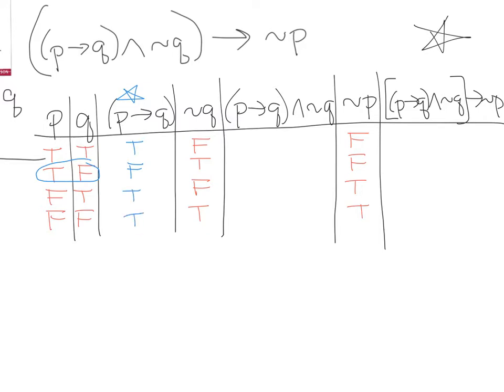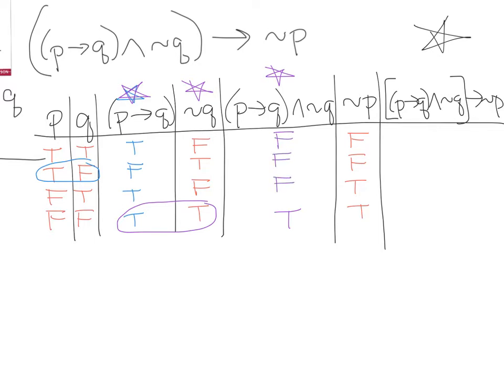Okay, then we need to take the if P then Q and do a conjunction with the not Q. So we need to look at if P then Q, we need to look at the not Q, and we need to do a conjunction. So remember, the only time you get a true here is when they are both true. Otherwise, you will get a false. Okay?